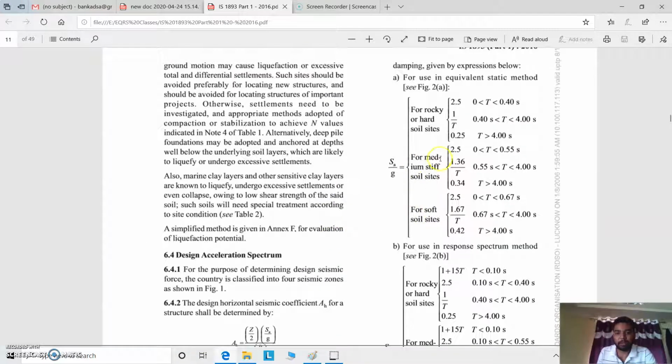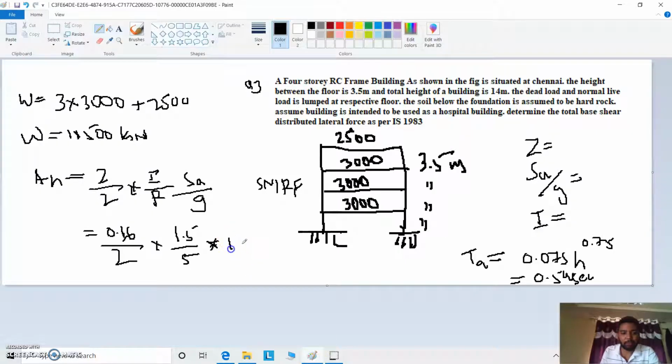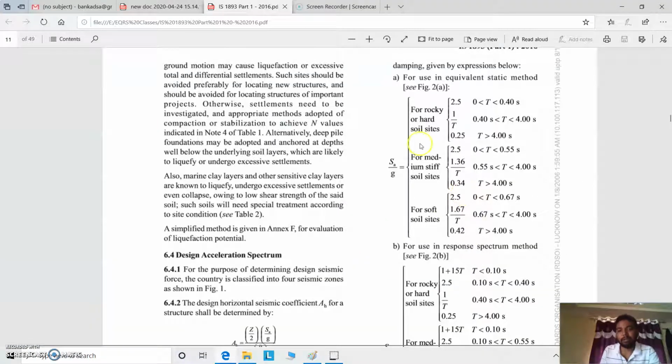Sa by g for hard rock, it is lying in 0.4 to 4 seconds, and our Ta is 0.54, so it lies in that range.